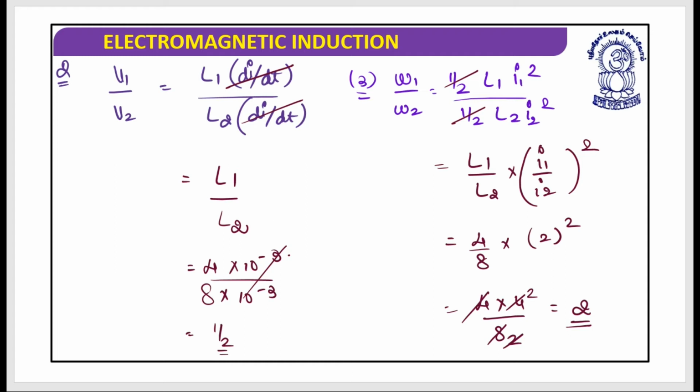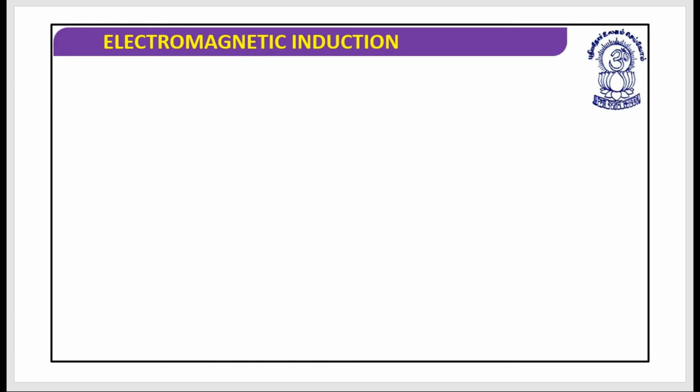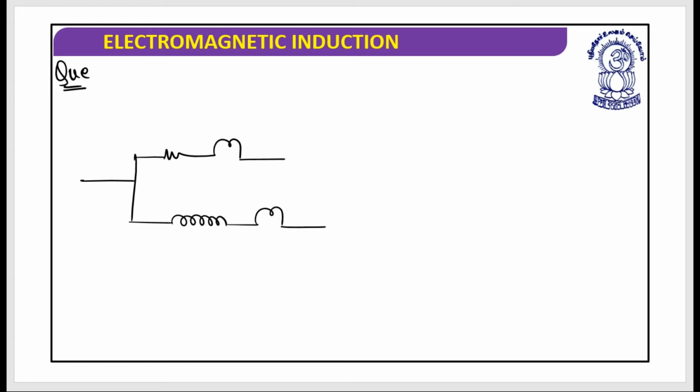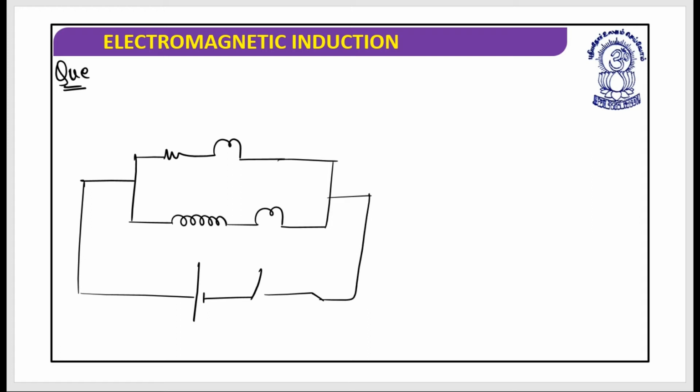Great. Now let's discuss one logical question, a very good question in fact. Let's first look at this and try to understand what the situation is. We have two bulbs.